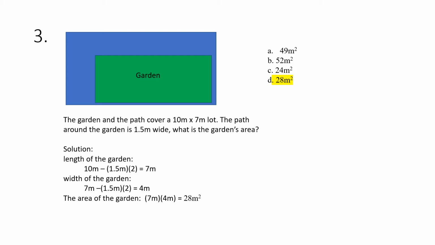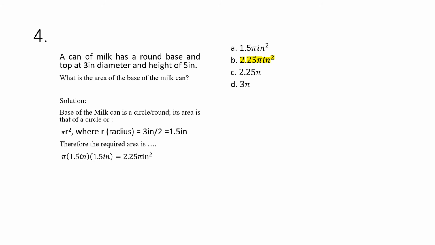So the length being 10 meters, so we go 10 meters minus 1.5 meters times 2, so that would be 7 meters for the length. And for the width, that will be 7 meters minus 3, and that's equal to 4 meters. Therefore, the area of the garden would be 7 meters times 4 meters, or 28 meters squared.